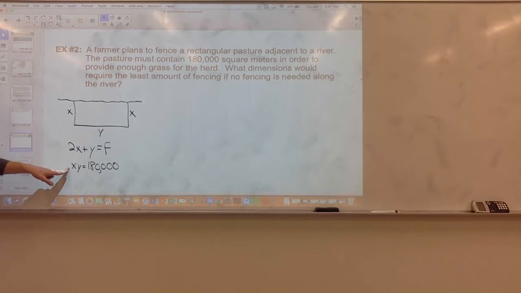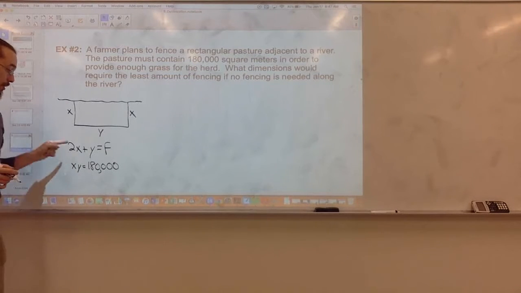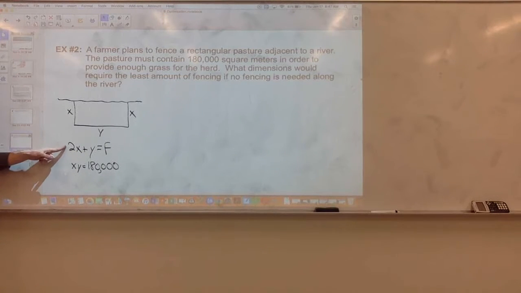Why does it have to be this equation that I solve for one of the variables? Because this is the one that I want to minimize. So I'm going to be taking the derivative of this one, and I want to get this one in terms of one variable. So I need to solve the second equation for one of the variables.